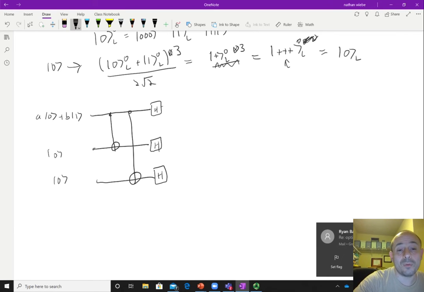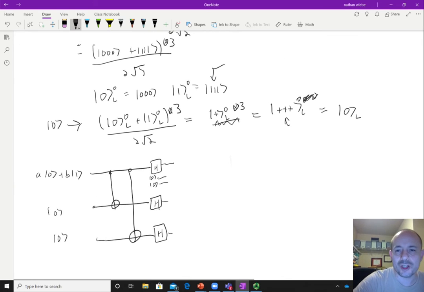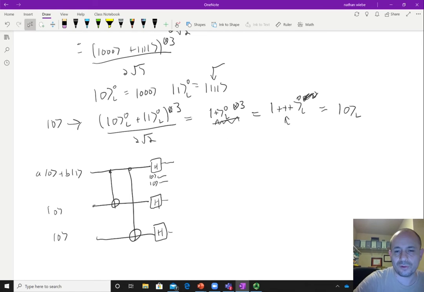But now what we've done is just the phase code encoding, and we need to now put the bit flip encoding in. We're going to do that by taking each of these tensor factors over here and redundantly encoding them in the bit flip code, by using the bit flip code here.